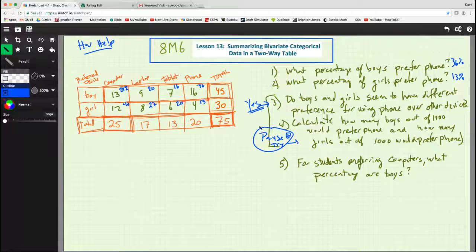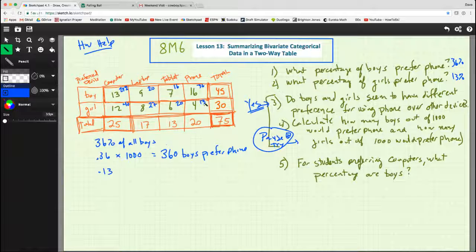So let's see. Out of 1,000 boys, 36% of all boys, that'd be 0.36 times 1,000 equals 360 prefer phone. And for girls, it would be 0.13, 13% times 1,000.